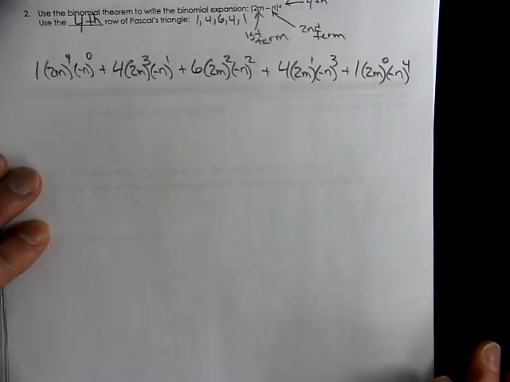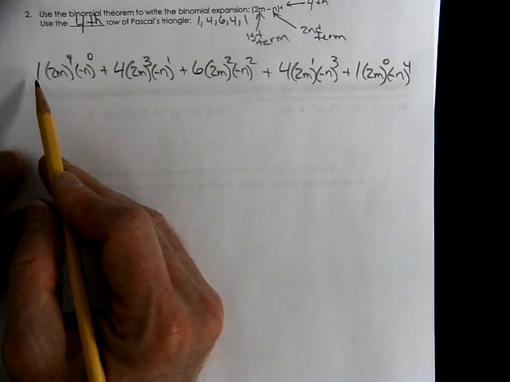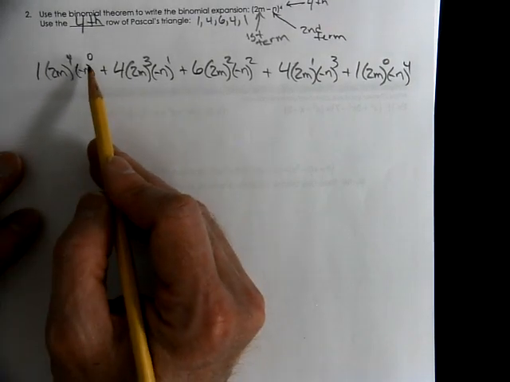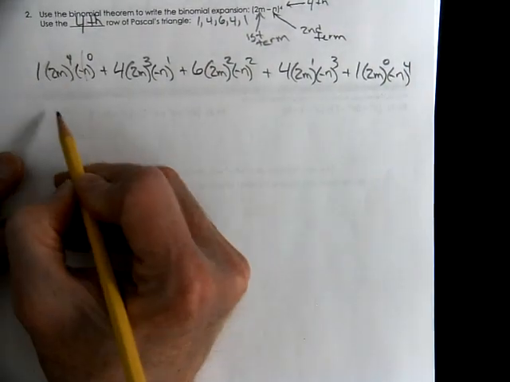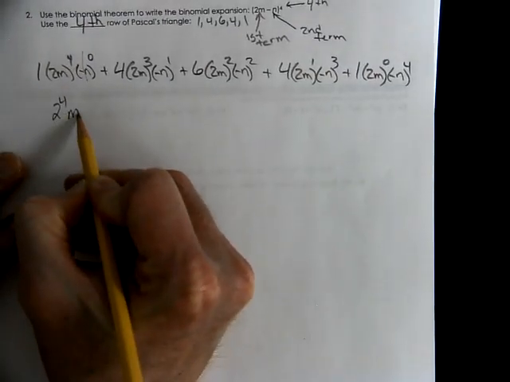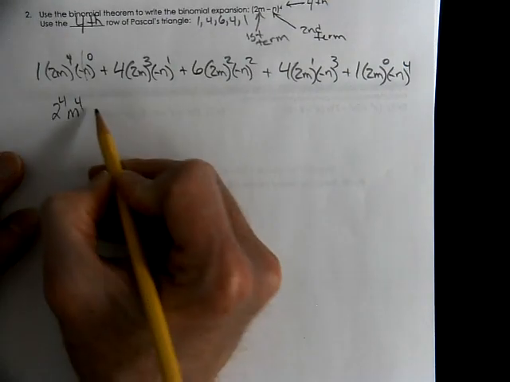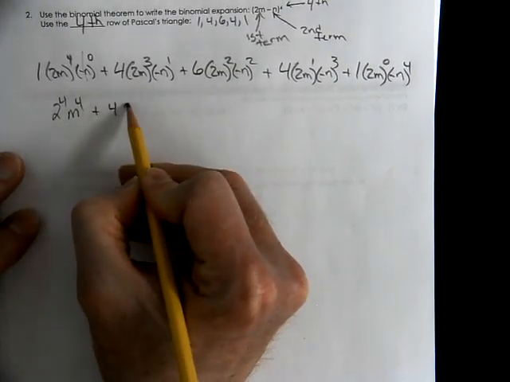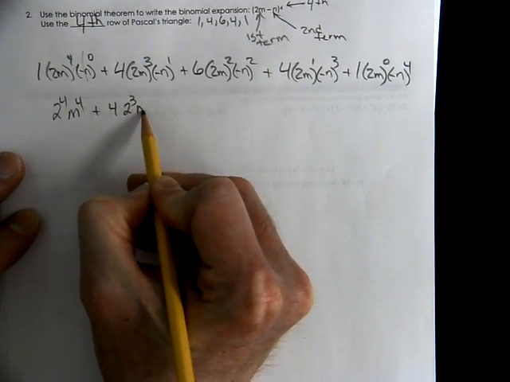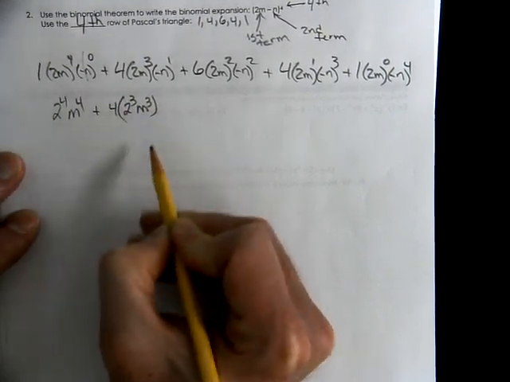Don't get intimidated by the simplifying, just do one step at a time. The 1 and any value to the 0 power is 1. So we have 2 to the 4th, m to the 4th. We have 2 to the 3rd power, m to the 3rd power.